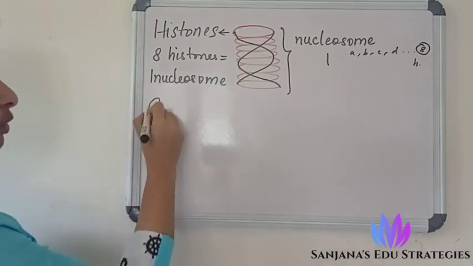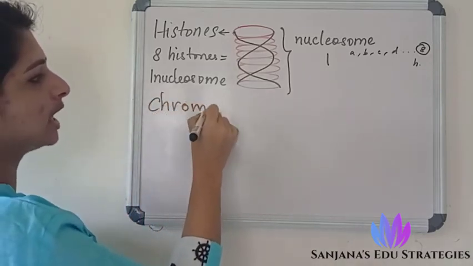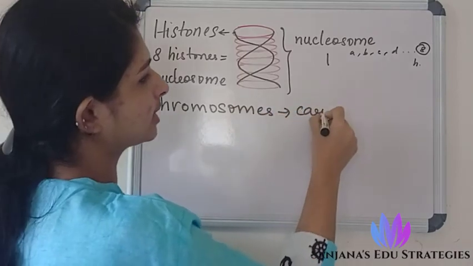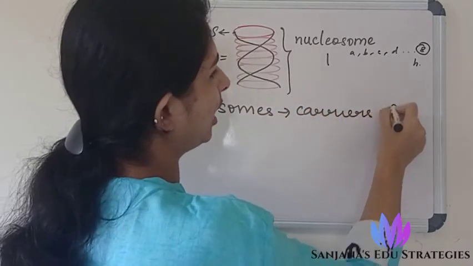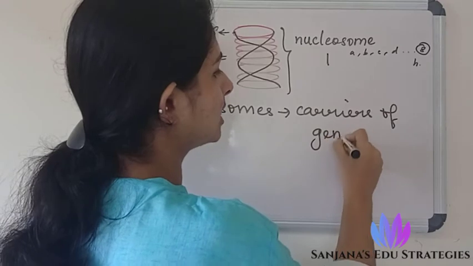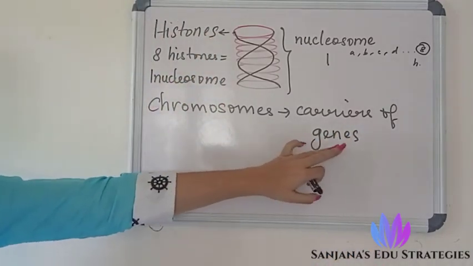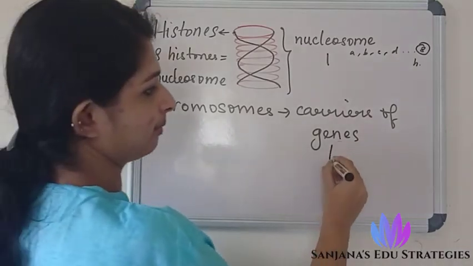Chromosomes are normally known as the carriers of genes, because they are carrying these genes. What do these genes do? Genes carry DNA.